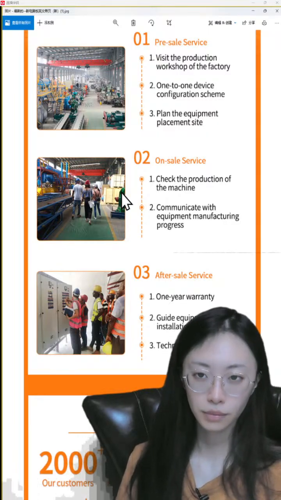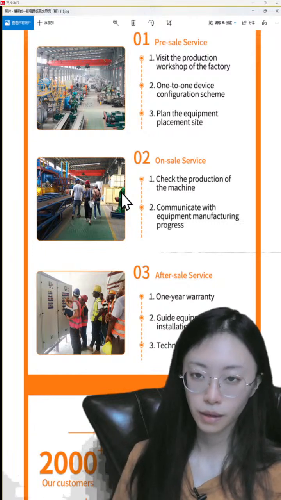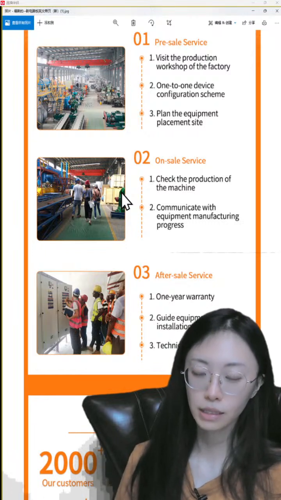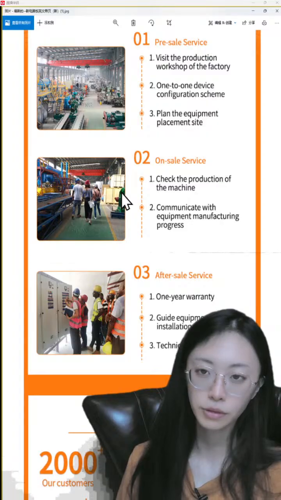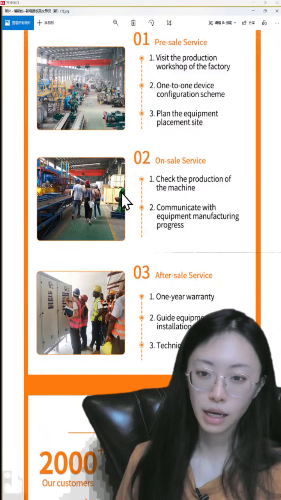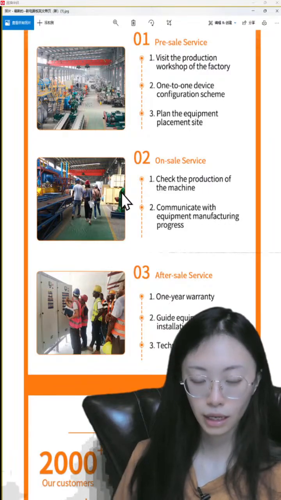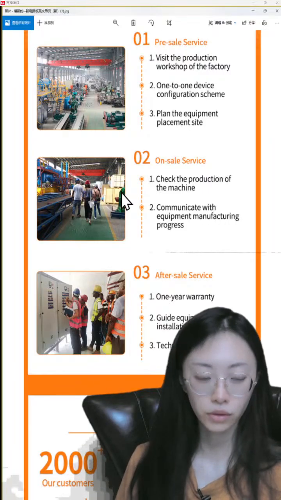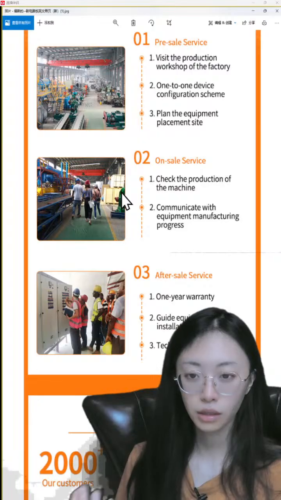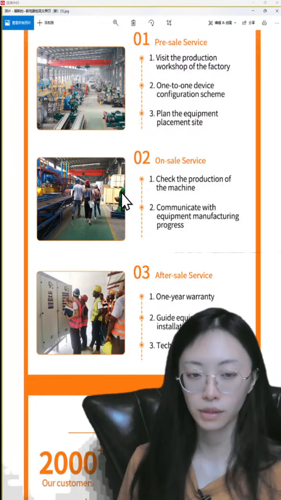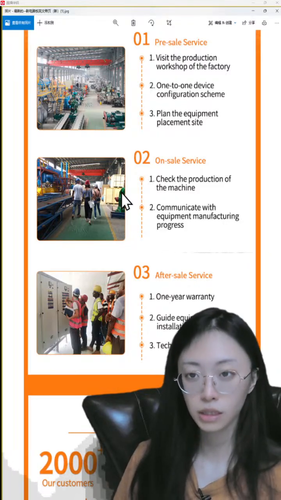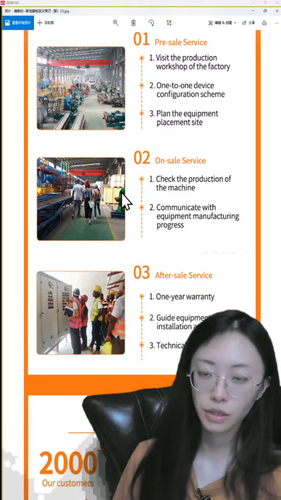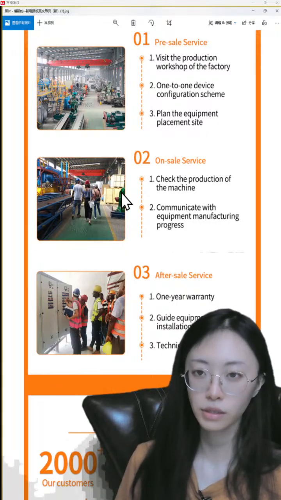You can come here, and our sales manager will take you to the factory to see the production line and the prototype, and then you can get a test, an experiment with your raw materials. You can send your products to our factory, and we have a free experiment service for you. Then you can test the quality of the final products, the separation rate, and the working efficiency of our equipment.